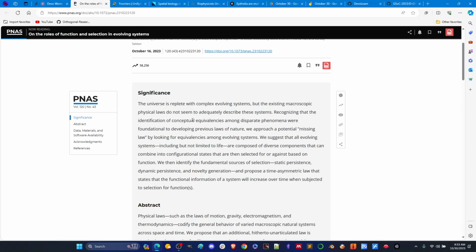Recognizing the identification of conceptual equivalencies, they approach a potential missing law by looking for equivalencies among evolving systems. They suggest that all evolving systems, including but not limited to life, are composed of diverse components that can combine into configurational states.